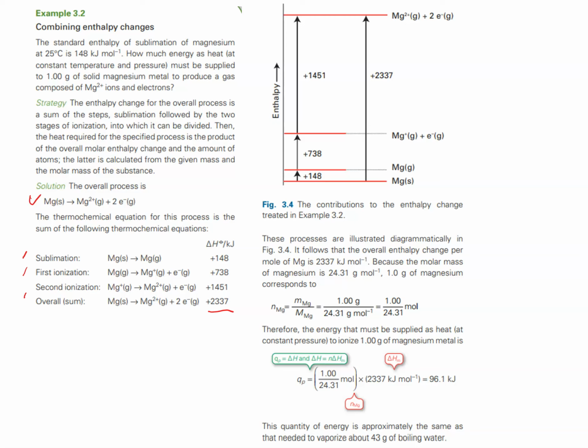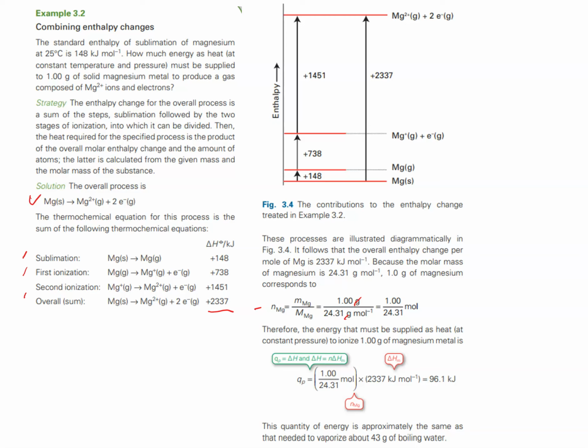Because the molar mass of magnesium is 24.31 grams per mole, and we're dealing with 1.0 gram of magnesium, this corresponds to, if finding the number of moles of magnesium, 1 gram divided by 24.31 grams per mole. Grams cancel, then we get 1 over moles, and that gives us our molar quantity.